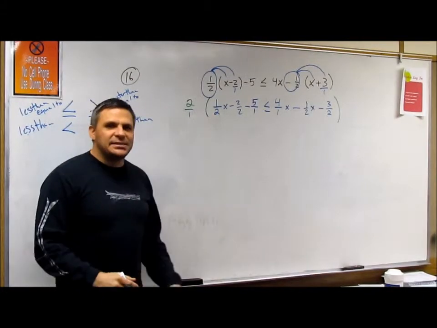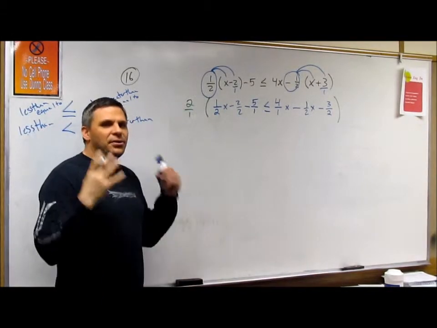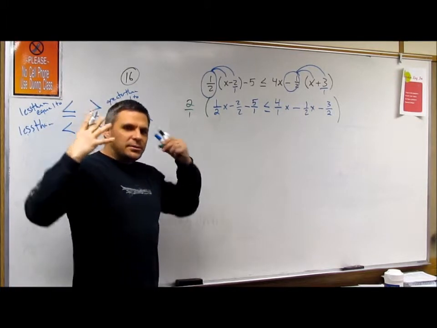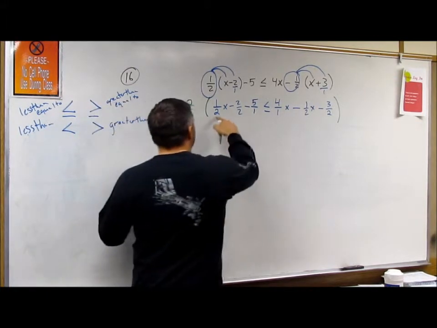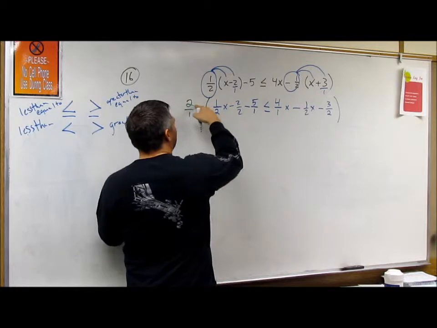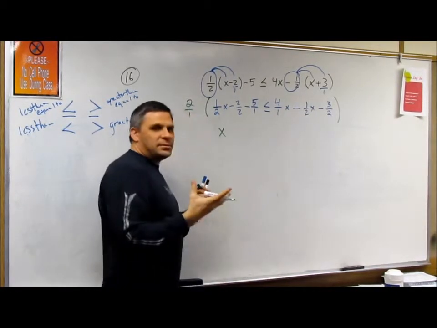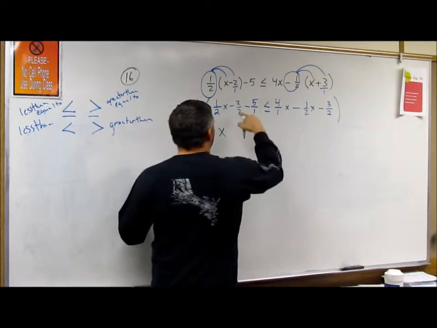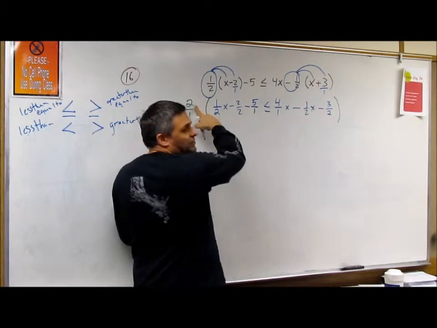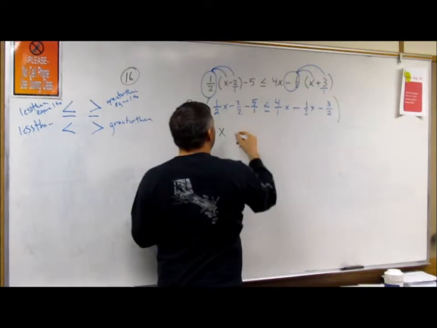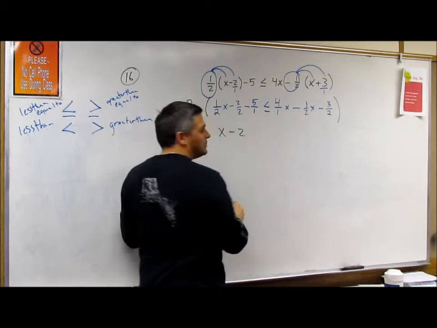What that does is it gets rid of all the denominators. In this case, 2 goes into 2 once, so now I'm just left with 1x. In this case, 2 goes into 2 once, and 1 times 2 is 2.